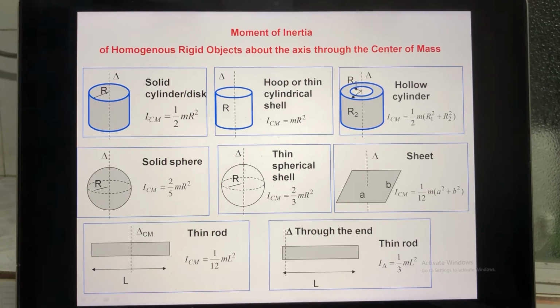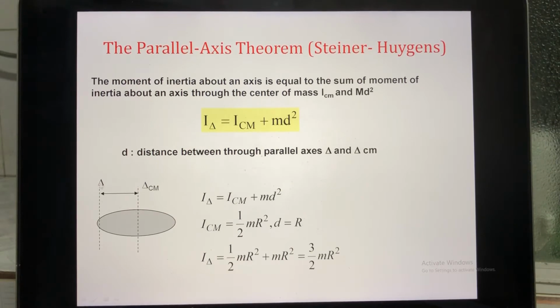If you want to consider the rotation not with respect to this axis, but with respect to this axis, the formula of I is like this, where m is the mass of the object, and d is the distance from the old rotational axis to the new rotational axis.